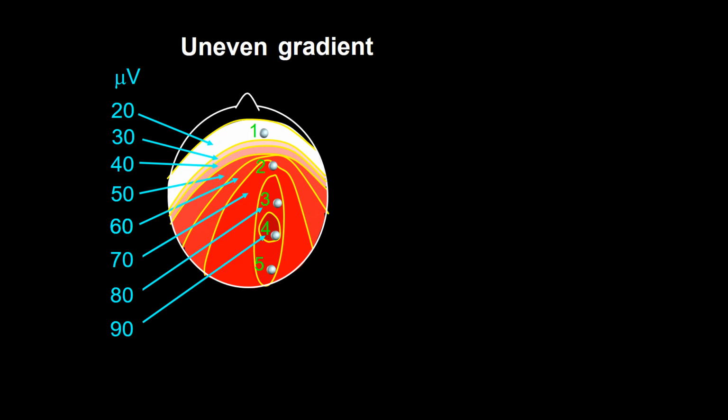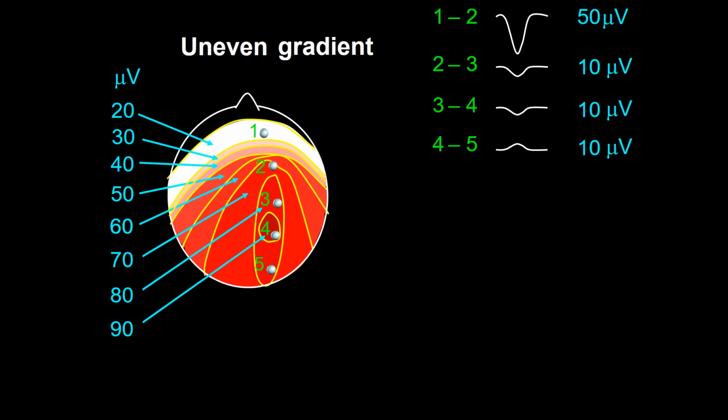Some electrical fields have very quick transition as depicted in this frame. They are uneven from the point of view of the recording electrodes. Such fields will create a non-smooth appearance of the recorded potentials. As you can see in this frame, the potential created by connecting electrode 1 and electrode 2 produces a large amplitude wave.